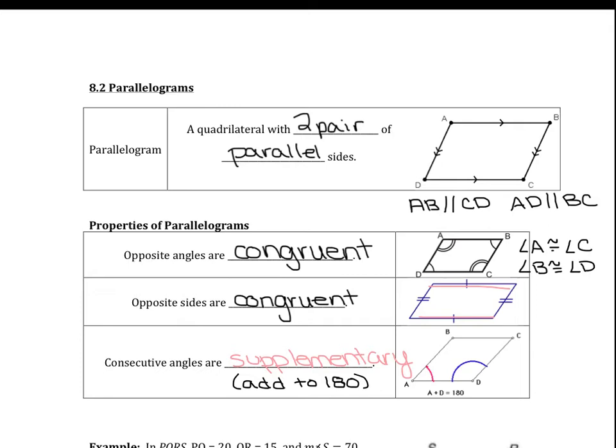They're next to each other, so they add to 180. Also, C and D would add to 180 because they are consecutive angles. B and C are also consecutive angles, so they also add to 180. And then A and B are consecutive angles, so those also add to 180.